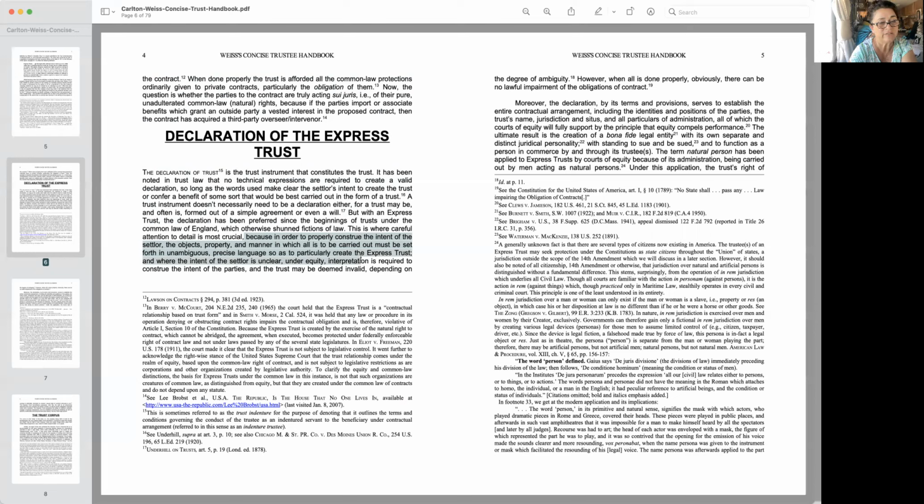And where the intent of the settlor is unclear, that would be ambiguous. Under equity, interpretation is required to construe the intent of the parties, and the trust may be deemed invalid depending on the degree of ambiguity.